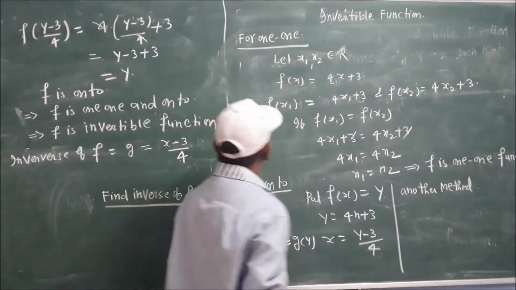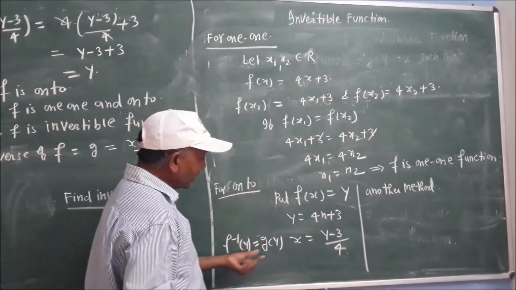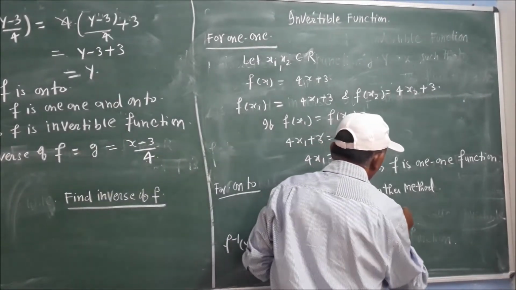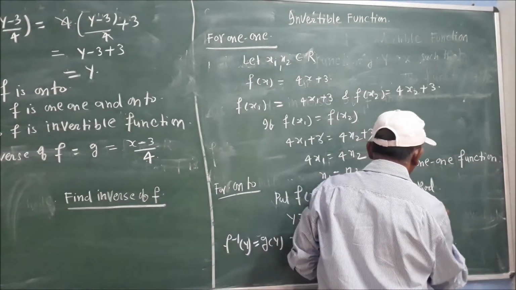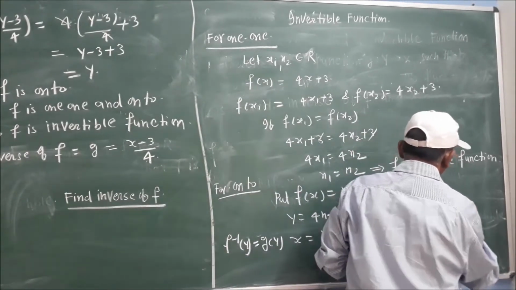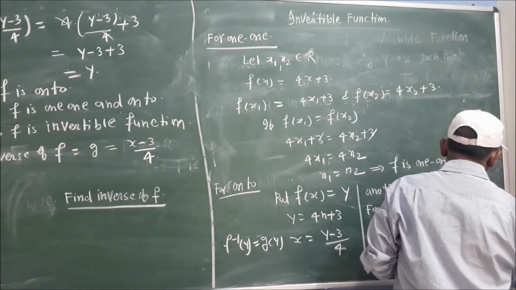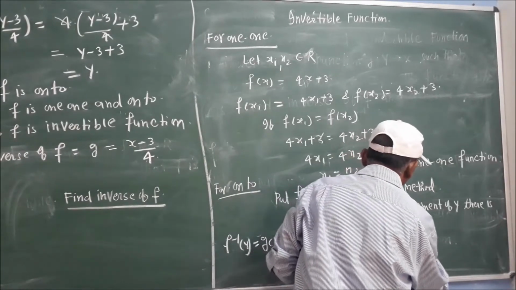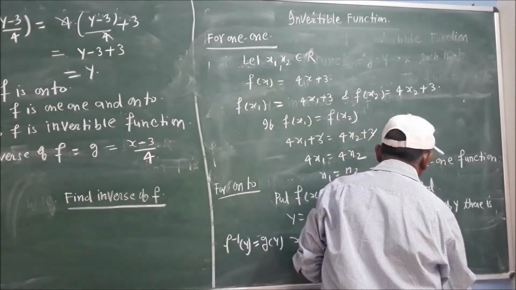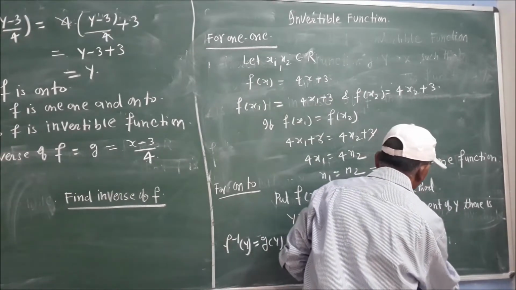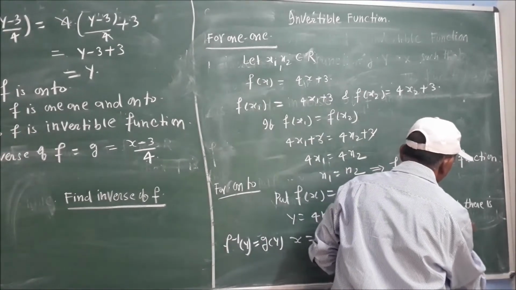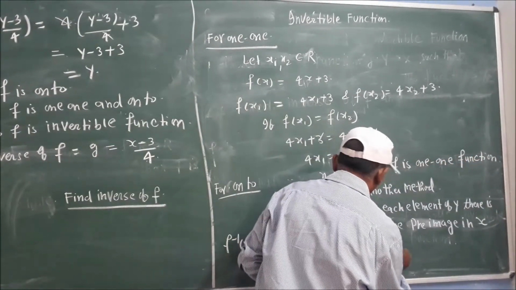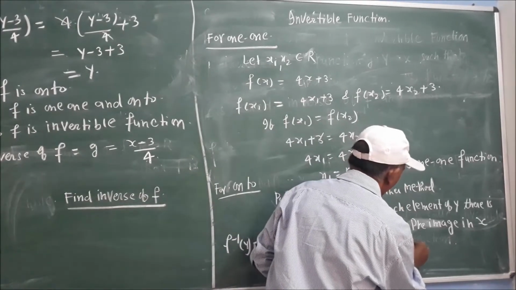Since it is given that this function is R to R, we can write that for each element of y, there is a unique pre-image in x, or a unique element in x. So f is onto.